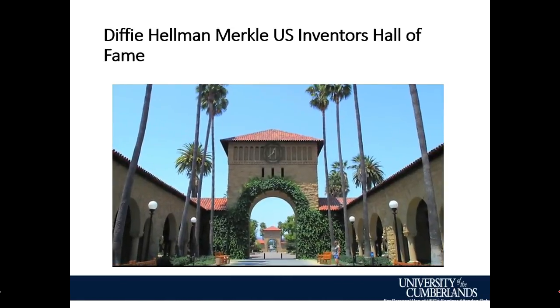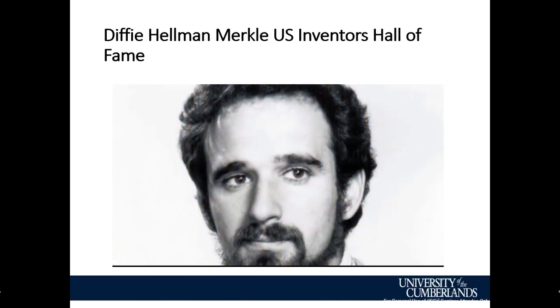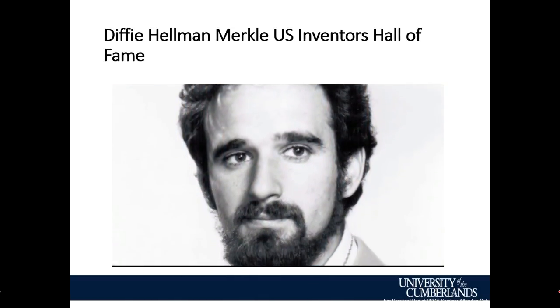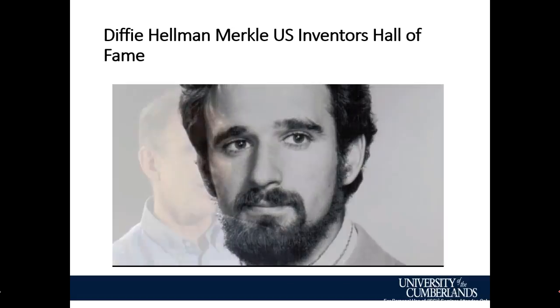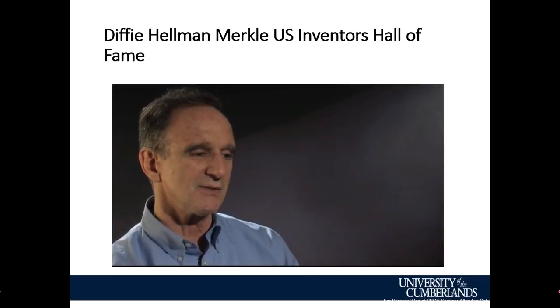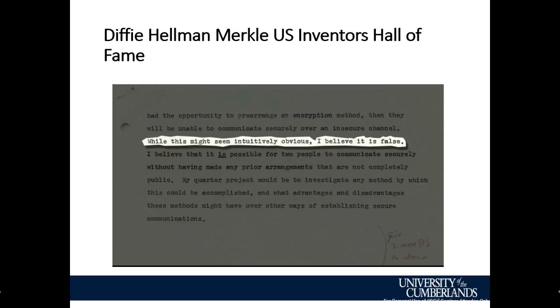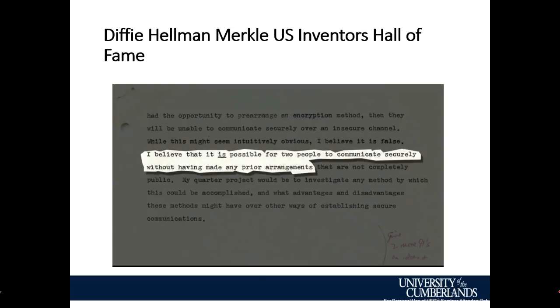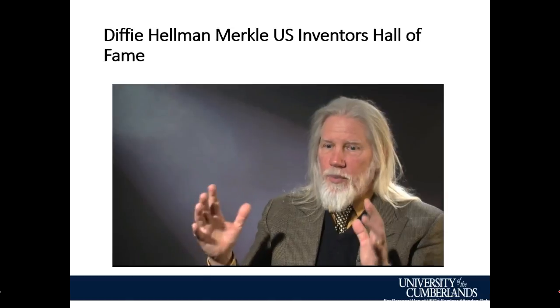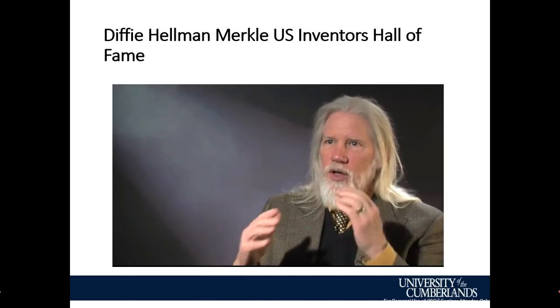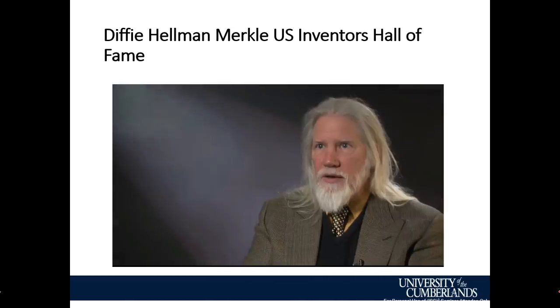Down the highway at Stanford University, Professor Martin Hellman was getting similar reactions until he met Whit Diffie. It was just such a meeting of the minds, and it was so nice to find someone who didn't think I was crazy. Building on Merkle's ideas, Diffie and Hellman proposed a radically new cryptographic method with not one, but two keys, a public key and a private key. But the critical point was the private key could not be discovered from the public key.